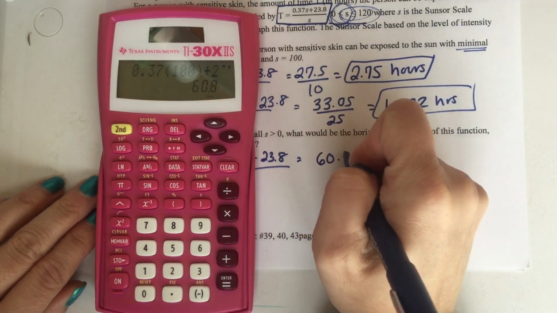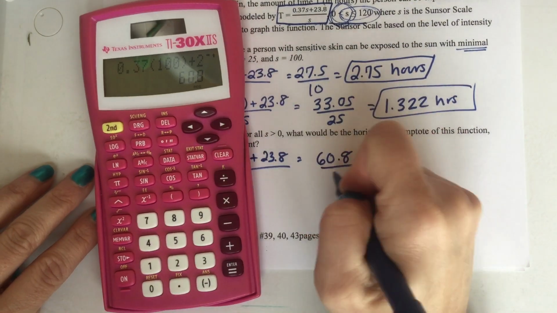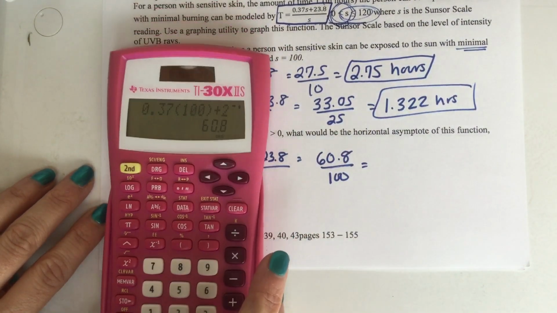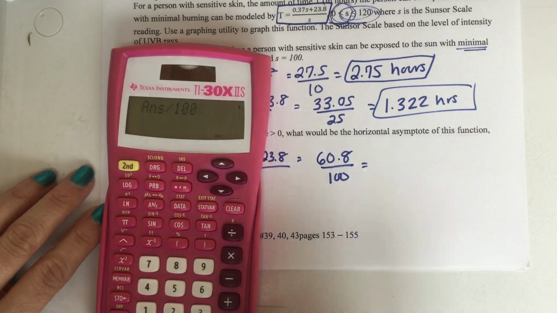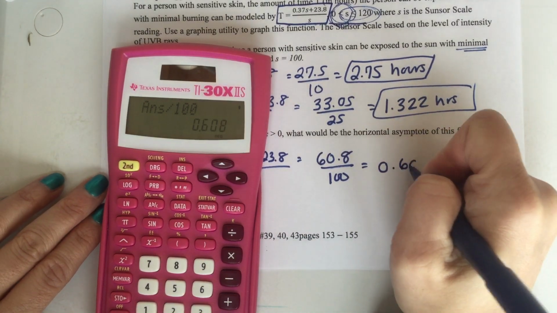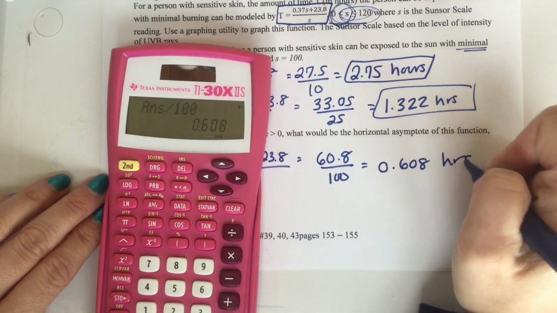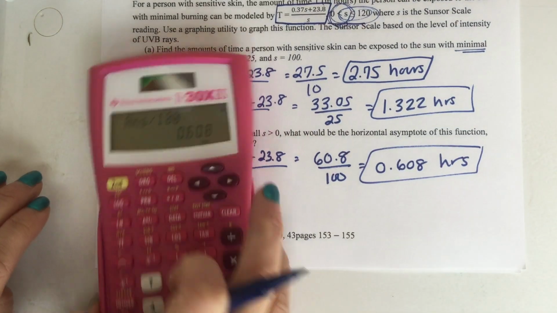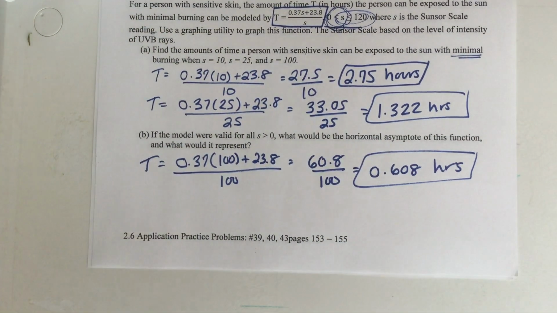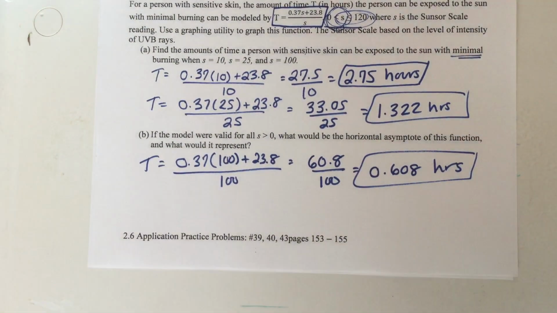I have 60.8, divided by S, which in this case is 100. So if I divide it by 100, it's 0.608 hours. So a little bit more than a half hour, and you better get your butt back inside the house. Okay, so again, just being able to understand real-life scenarios where the function is a fraction.